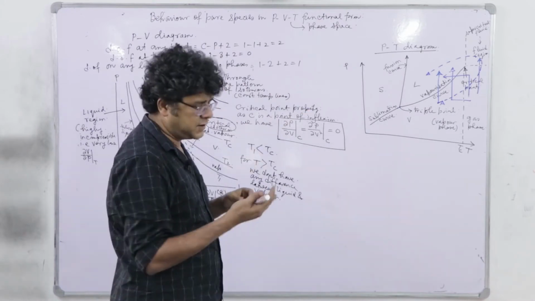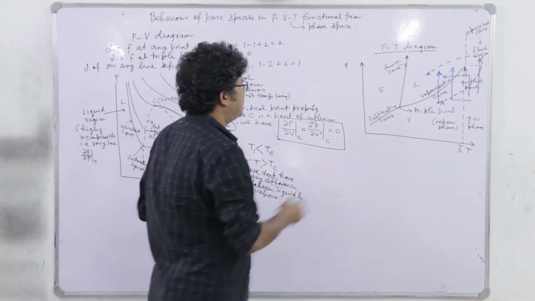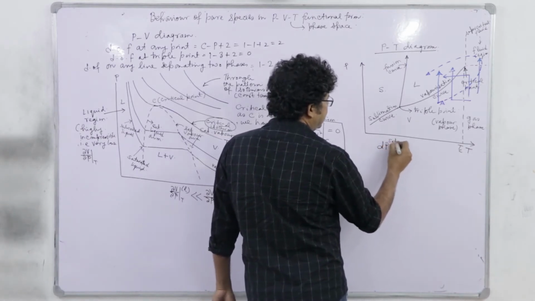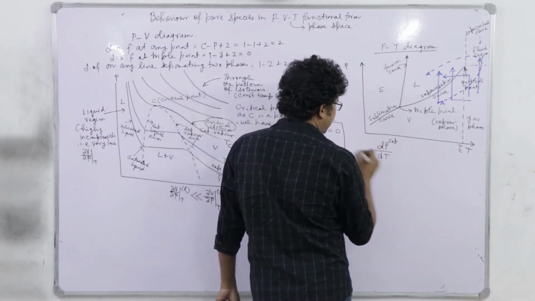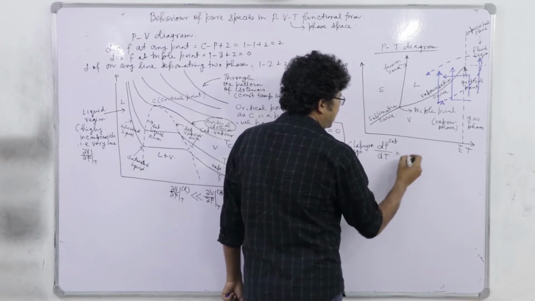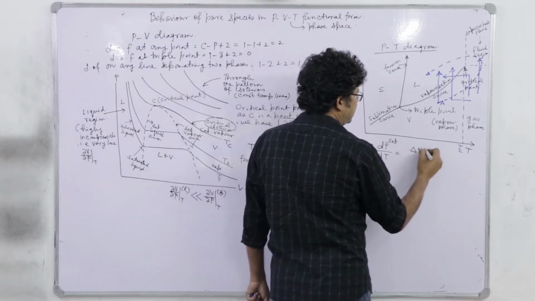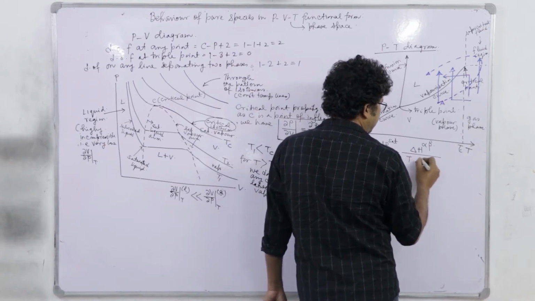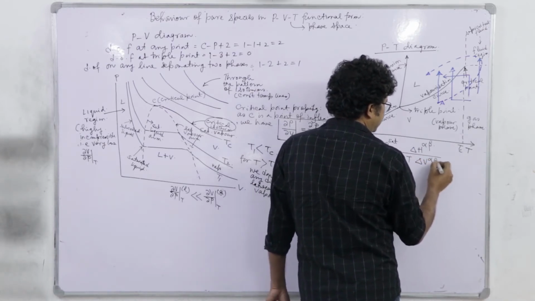Now, regarding the fusion curve, what we have discussed previously, you see that dPsat/dT from the Clapeyron equation, dPsat/dT equal to ΔH αβ divided by T into ΔV αβ.